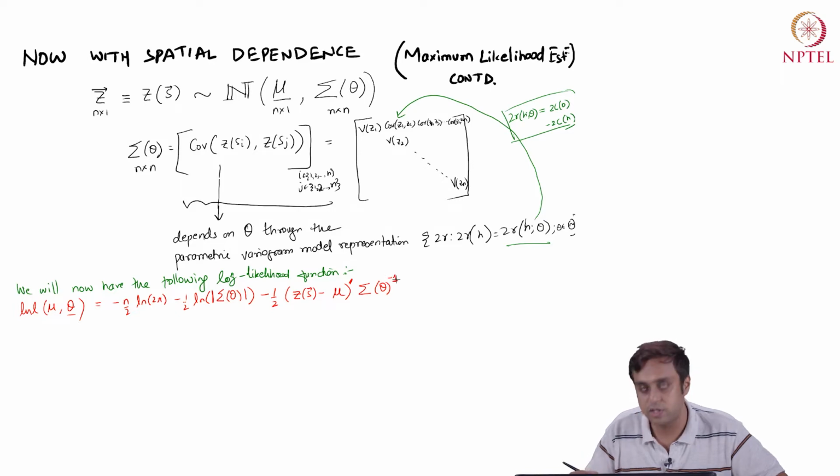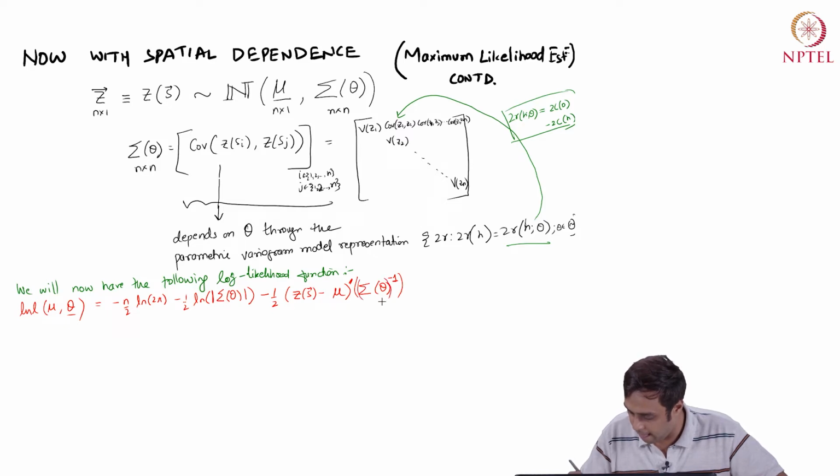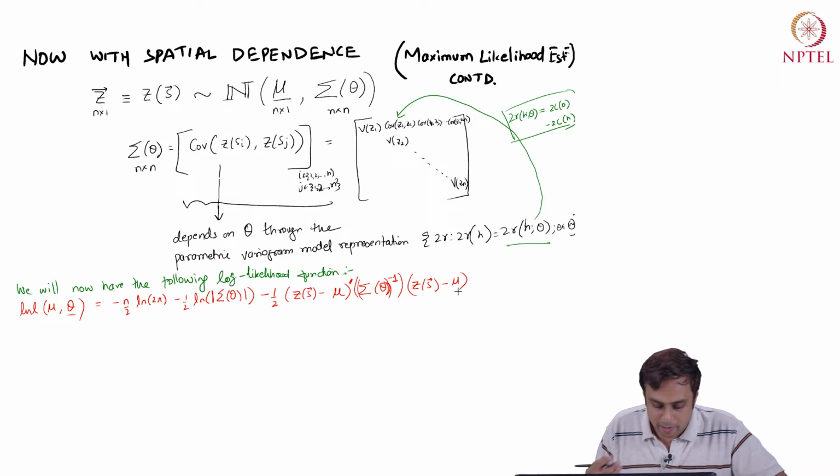So, I am taking an inverse of this n by n matrix, and I have z s minus mu. So, this is a little bit complicated.